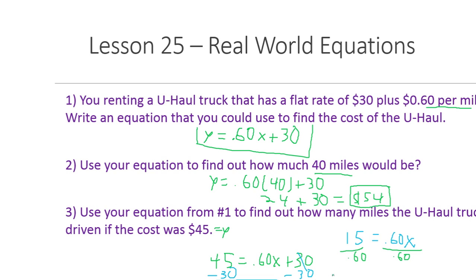And then when I do that, 15 divided by 0.6 is going to be 25. So my answer will be, it is 25 miles that you drove. Oops, sorry, this is getting cut off a little bit, so I'll put it over here. x is 25 miles.